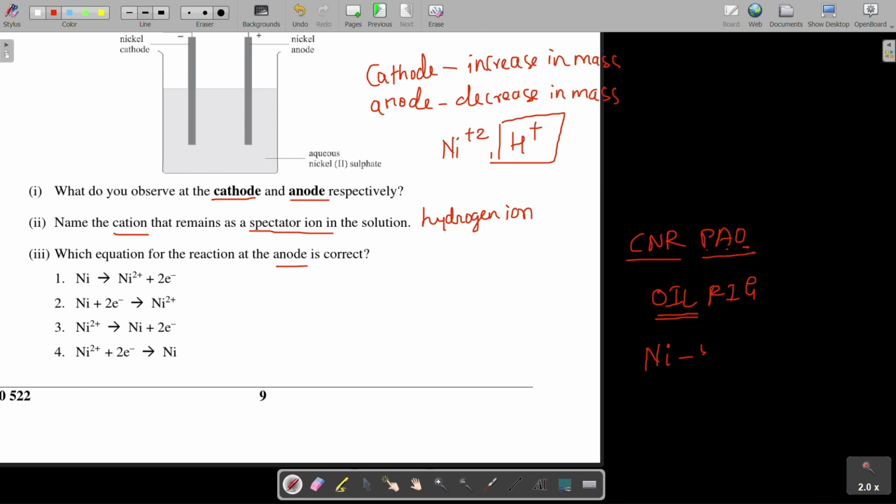When it loses 2 electrons, it will form Ni plus 2. But if you see here, this equation is not there, right? Many people think that, but it is there. How? You just send the electrons to that side: Ni plus 2 plus 2 electrons. If you find that, that is the first option, so that is the correct answer.